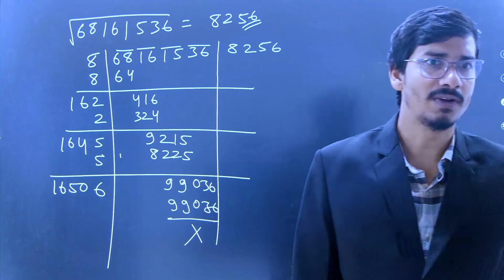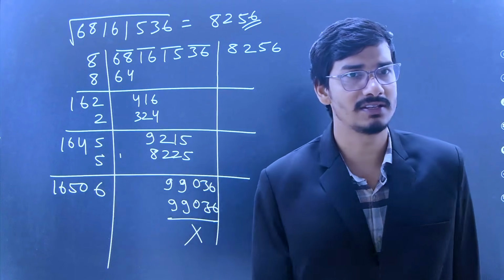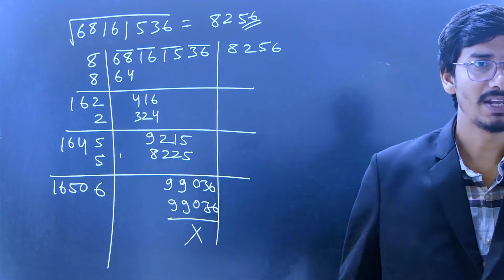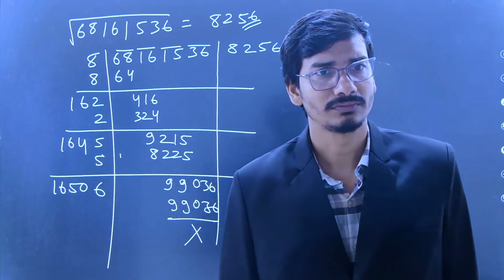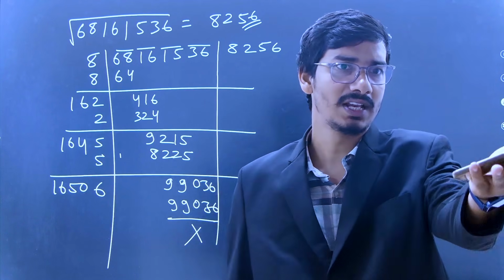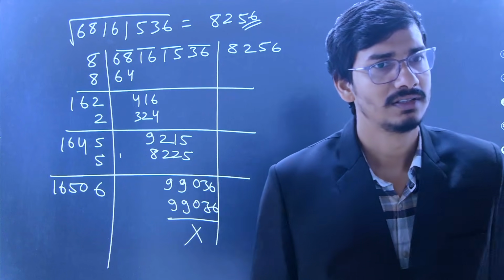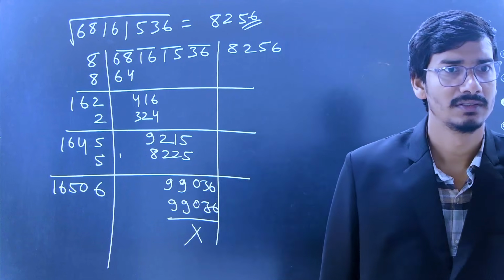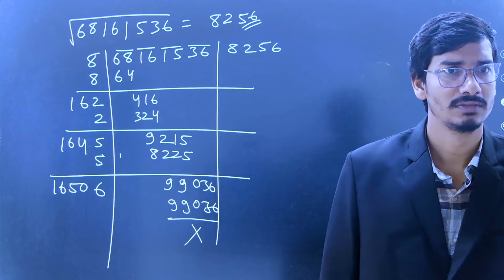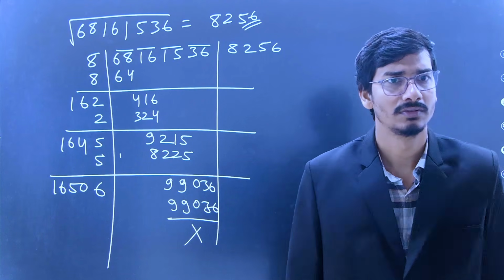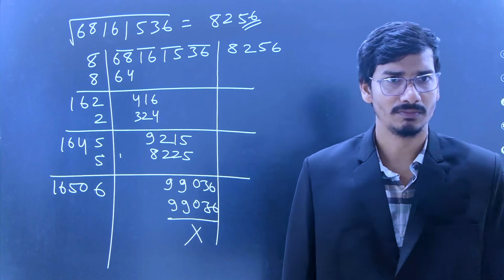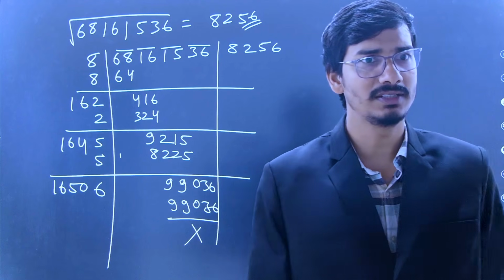There is no shortcut method to find the square root of this large number. We have to go like this. Many aspirants, like Harshit Reddy, are saying it's easy, sir. So some of them are writing that it's easy.